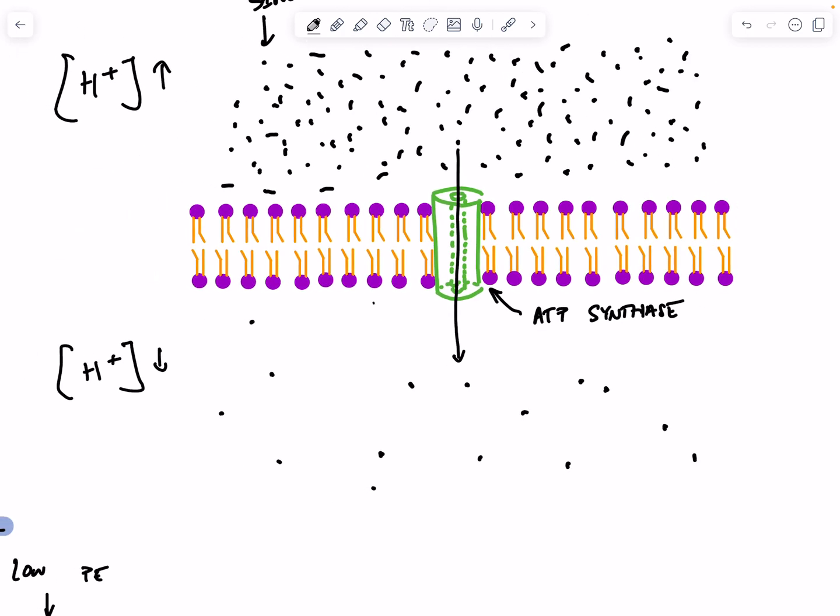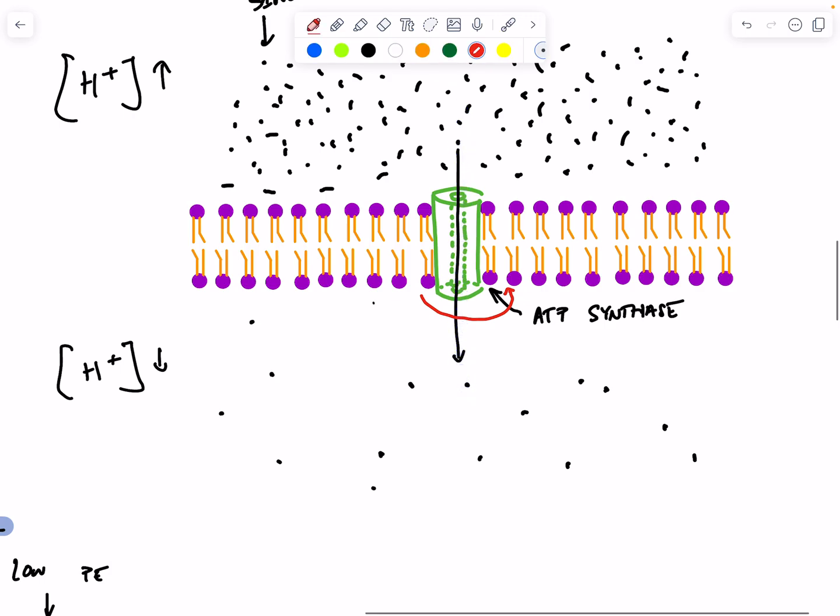So ATP synthase, when hydrogen ions push through it, because remember, there's a push here because there's more hydrogen on this side relative to this side. There's a push through this molecule. This membrane protein actually spins in the membrane. So it rotates as these hydrogen ions move through.